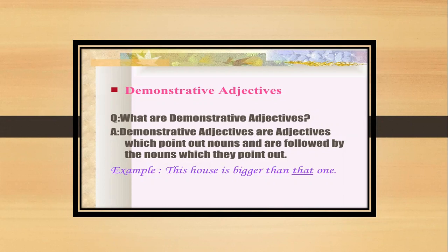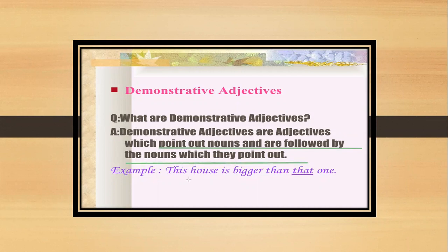I'll tell you one by one. First, let's take an example. This house is bigger than that one. First of all, see what the definition is saying. Demonstrative adjectives point out the nouns and are followed by the nouns which they point out.